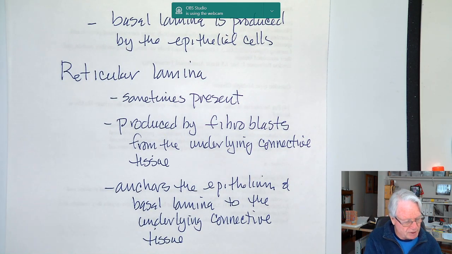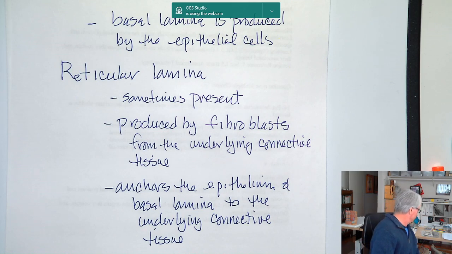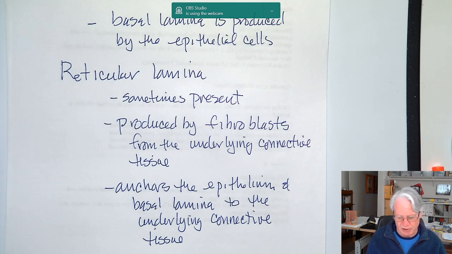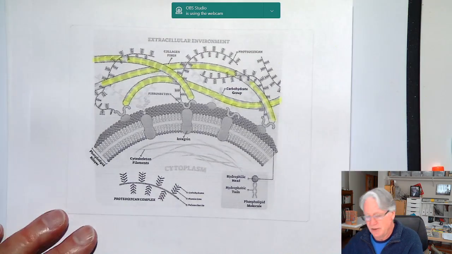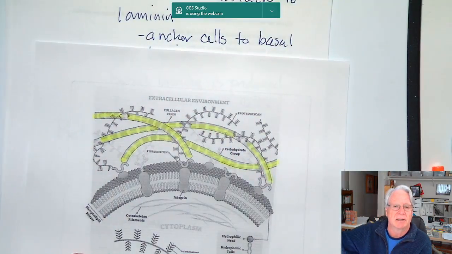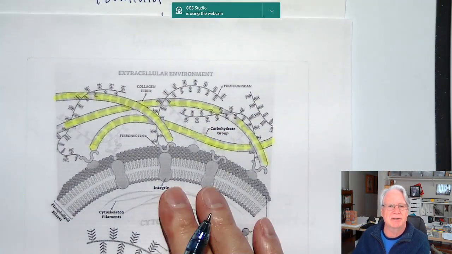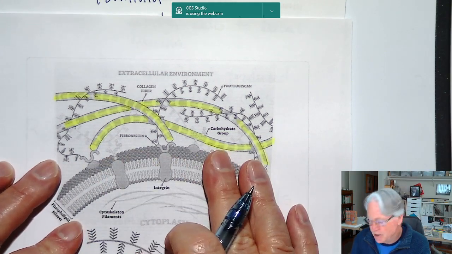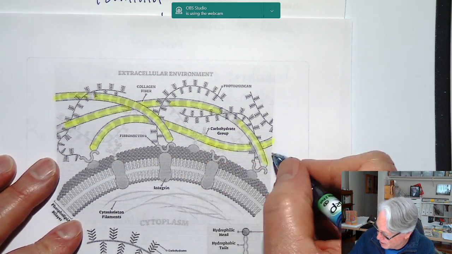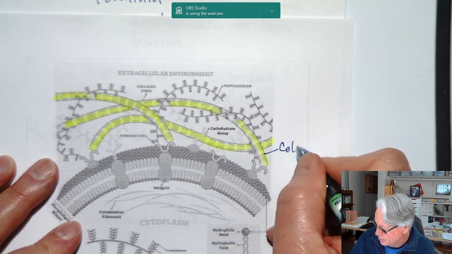Let's take a look at some images that might help us visualize this. Okay, as usual, looks like all my preparations have been slightly out of whack. All right, so this, in yellow, is collagen. So that's collagen.